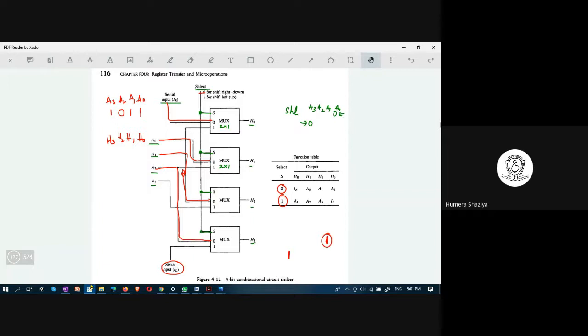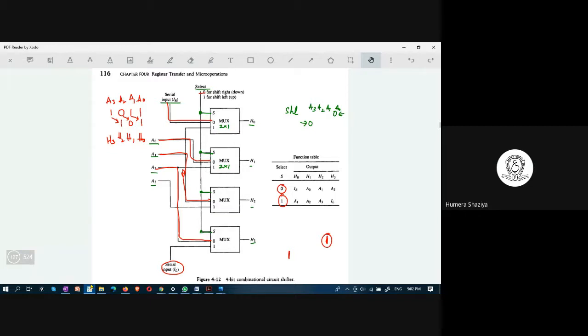In right shift, what do we do? We shift the bits towards the right position. So here, this 1 would come here, this 0 would come here, this 1 would come here, and here you are inputting something.